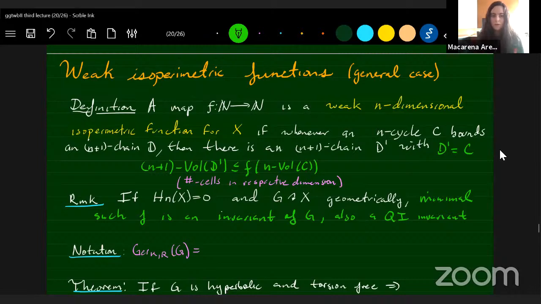Again, for notation, we're going to write Ger sub k comma r of G to denote the minimal such isoperimetric function. And again, we can define this for any ring of coefficients. So this can be Z, Q, or R.